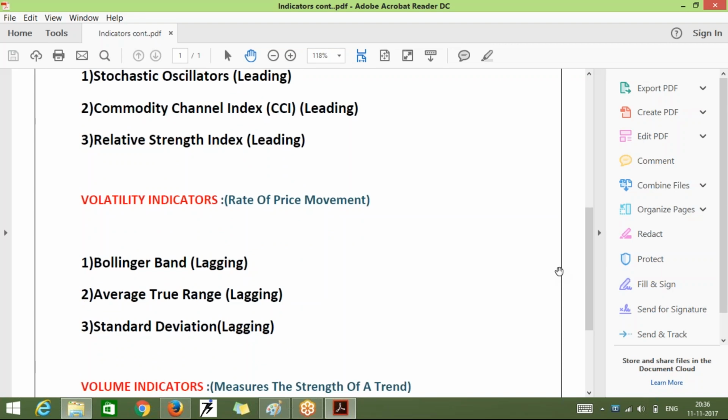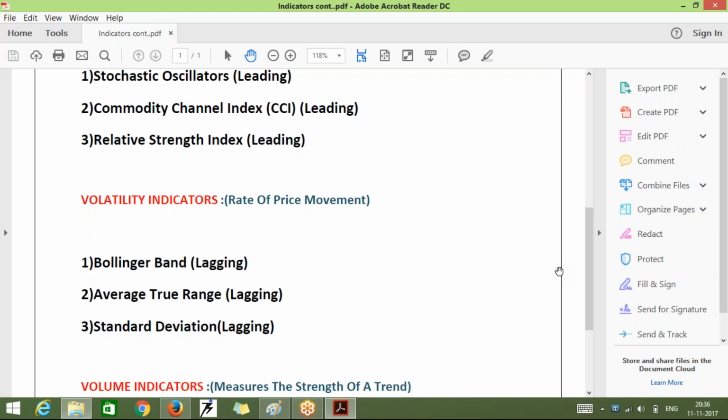Volatility indicator tells us about the rate of price movement. In the previous one it is the speed; here, at which rate the price will be moving, almost similar to speed, but it has a different kind of work to do.